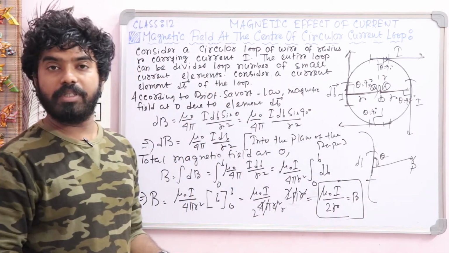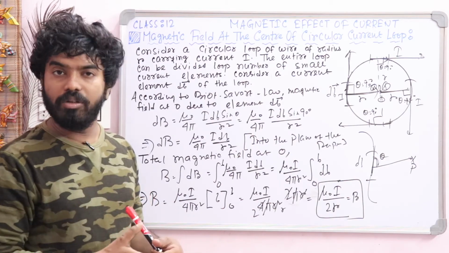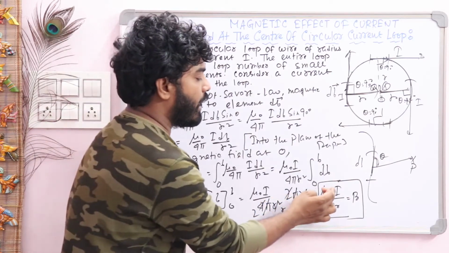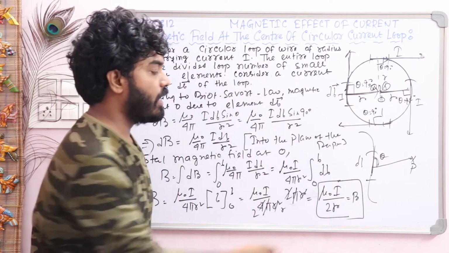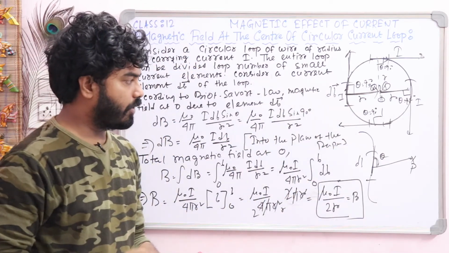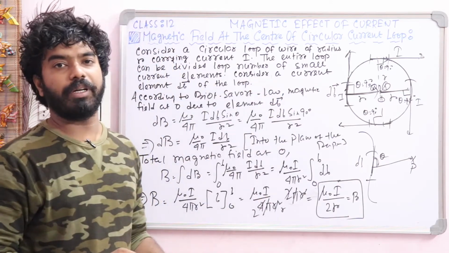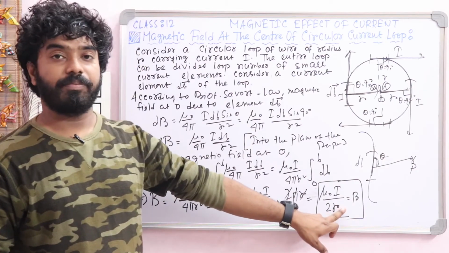and for theoretical purposes. So at the center of a circular current carrying loop, the expression of magnetic field is mu naught I divided by 2R, where I is the current flowing through the wire and R is the radius of that circular loop, and the direction is into the plane of the paper. Now you have to remember this formula.